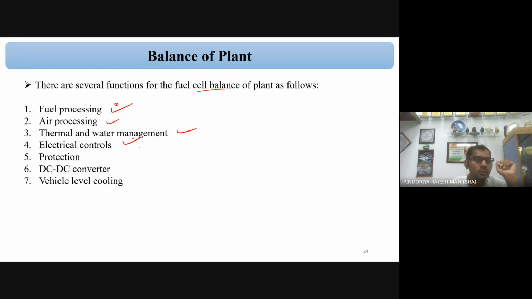Electric controls, protection, DC to DC converter, because the fuel cell voltage level is low, so we have to use the DC to DC converter so we can maintain a constant voltage, and we can also increase it, and vehicle level cooling. So these are the major components and functions we use for the balance of the plant as well as the thermal fuel cell system.